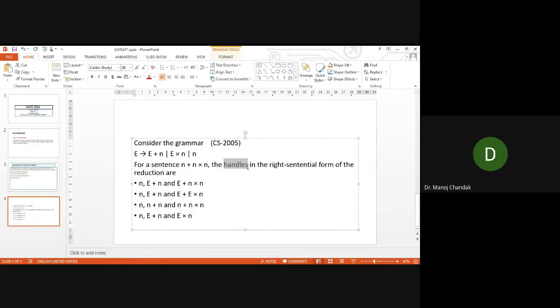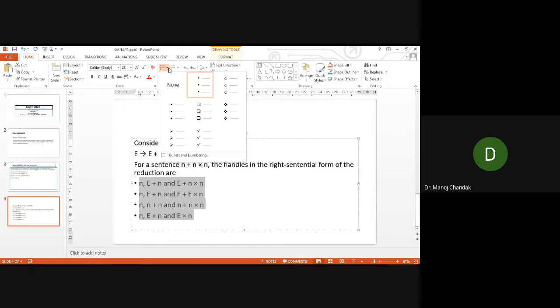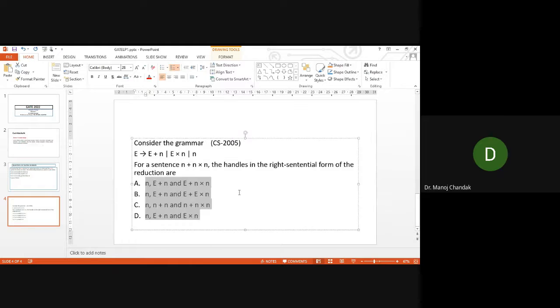Handle. So if I say there are four choices A, B, C, D, on the chat window, can you write which choice is correct? Write your answers on the chat window. Which choice will be correct from the explanation?